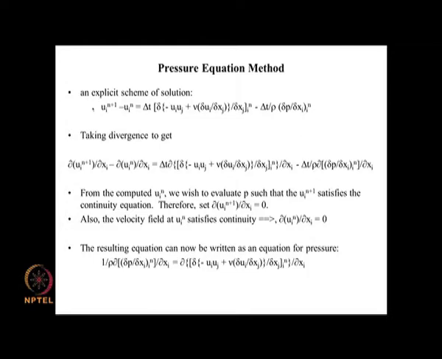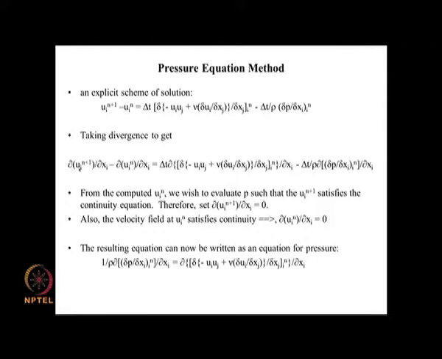Now we take the divergence of this equation. That is dou by dou x_i, because i is the index here. When we take the divergence, we get dou by dou x_i of u_i^(n+1) minus dou by dou x_i of u_i^n.